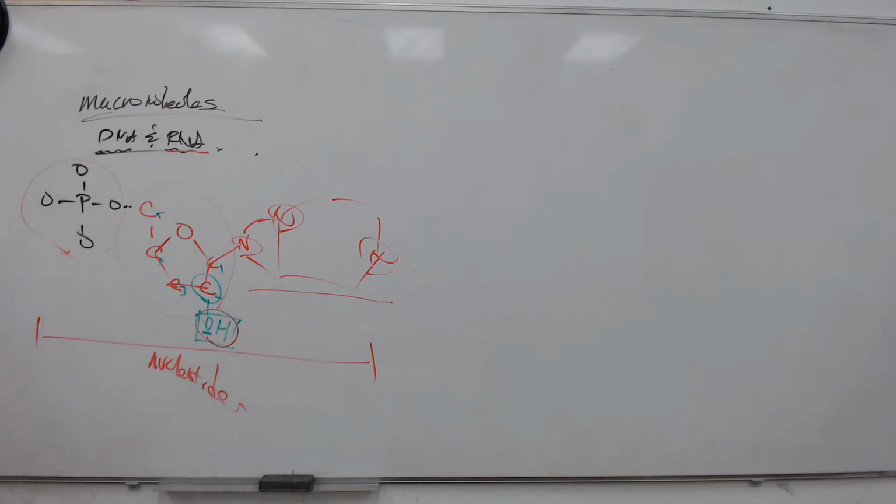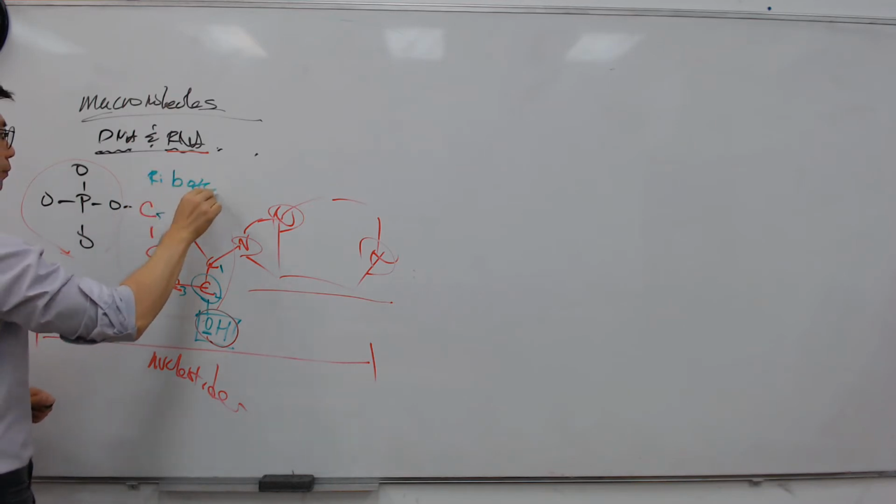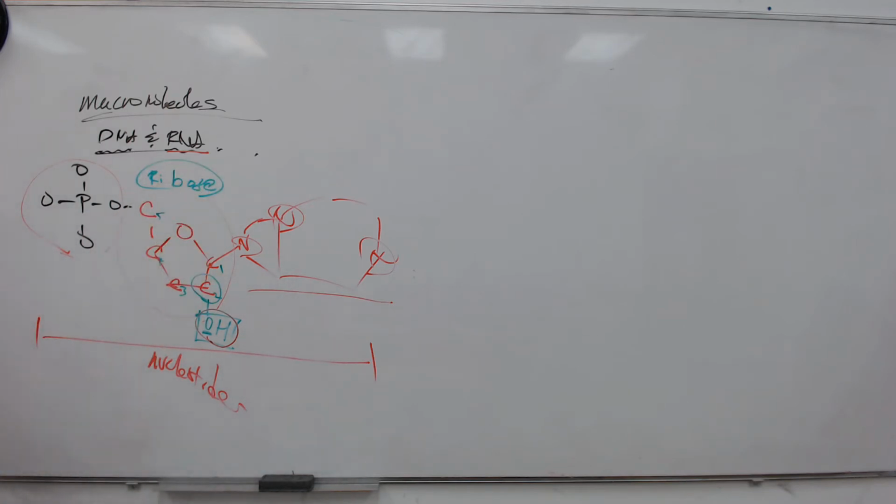That's why it's called deoxy. This is the 5-carbon sugar group, called ribose. So on the 5-carbon ribose, on the second carbon, DNA is missing the oxygen. That is one of the easiest ways to determine which one is which.